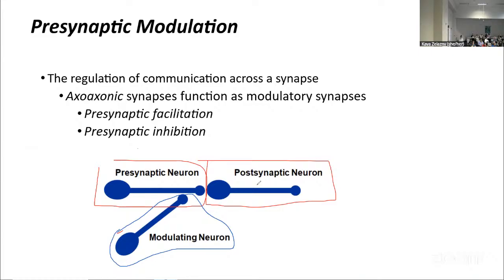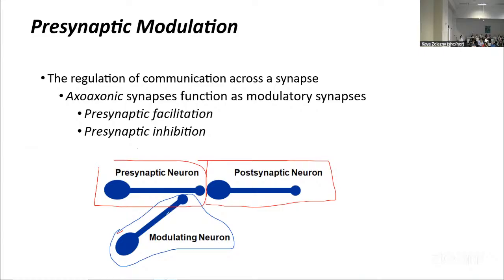So we said that most synapses, right, are axodendritic or axosomatic when we're thinking about presynaptic, postsynaptic neurons, right, because they're either coming into the dendrites or coming into the soma. Here is where we have our exceptions. When we're thinking about these modulating neurons, you can see this modulating neuron here is coming into the axon of that presynaptic neuron.